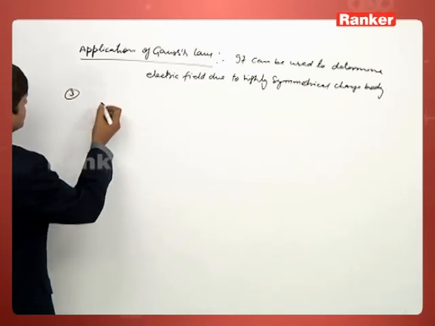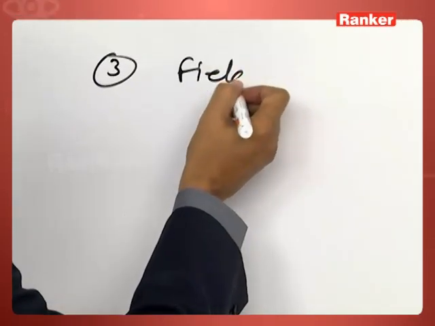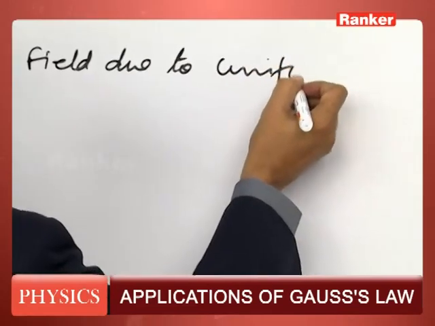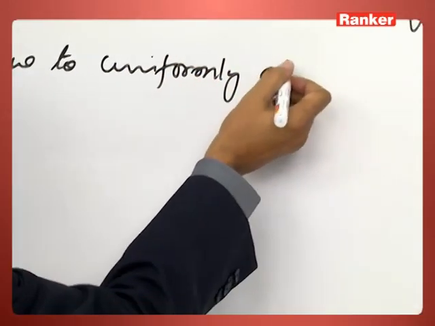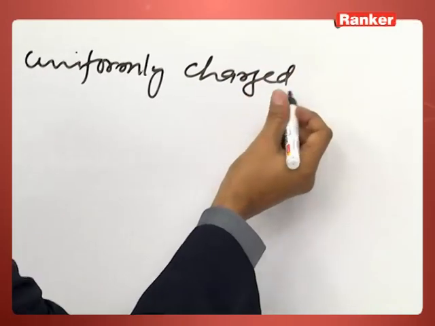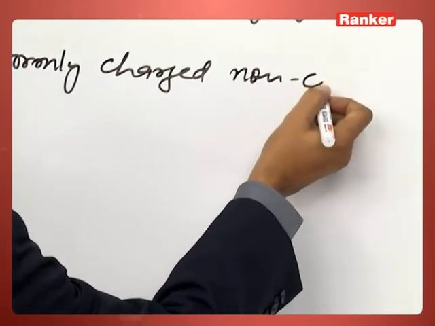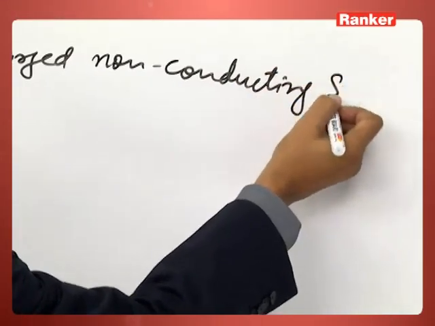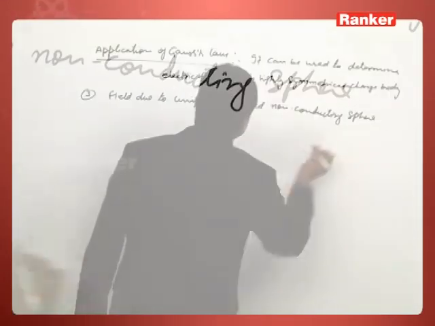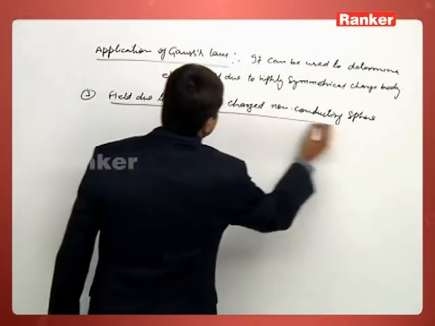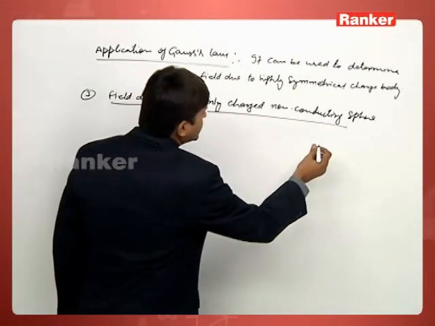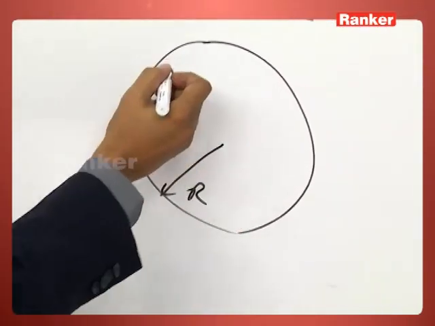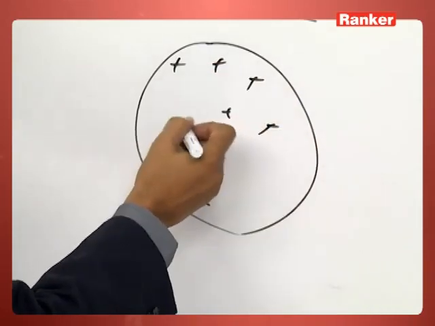Next, third one, field due to uniformly charged non-conducting sphere. Now here our sphere is like this, a sphere of radius r, and charge is q.